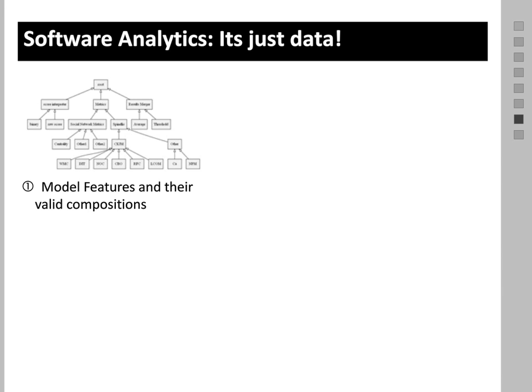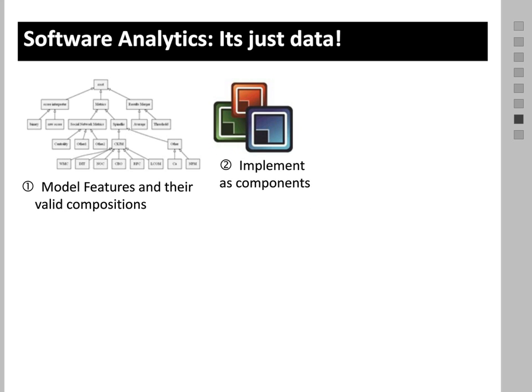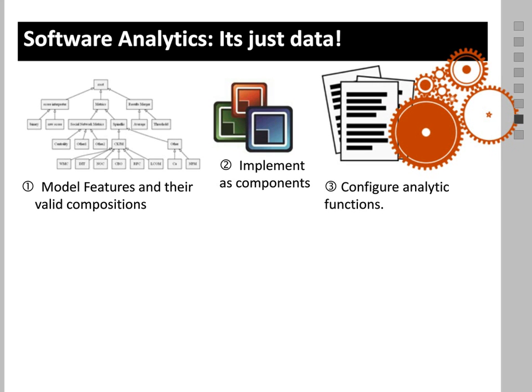If you want to actually integrate this into your project intelligence infrastructure, then you need to implement the chosen features as components, and then configure an analytical function. So an analytical function is going to be something called predict faults. It's going to include some composition of these features, and we're going to then have to train it on our own project data.